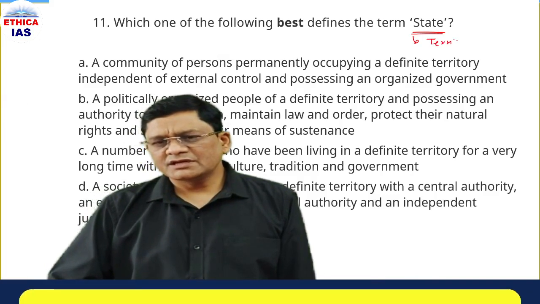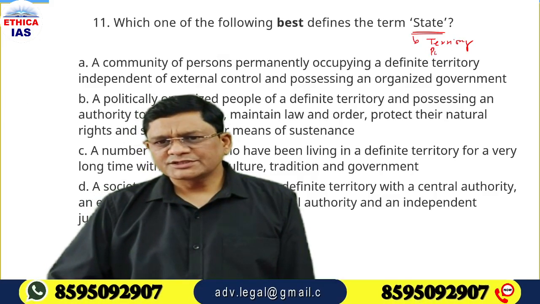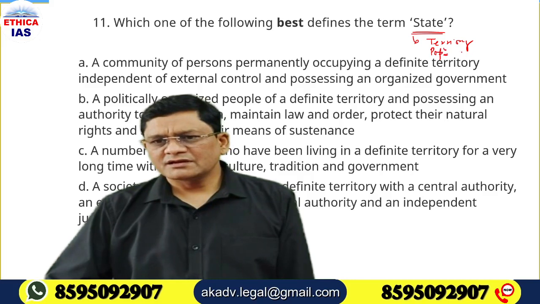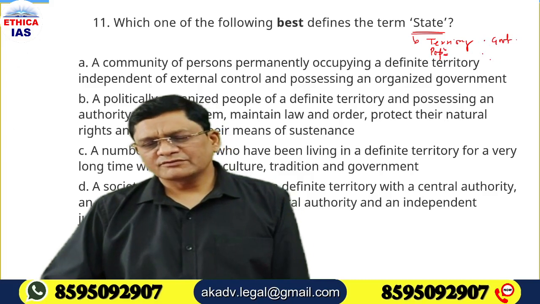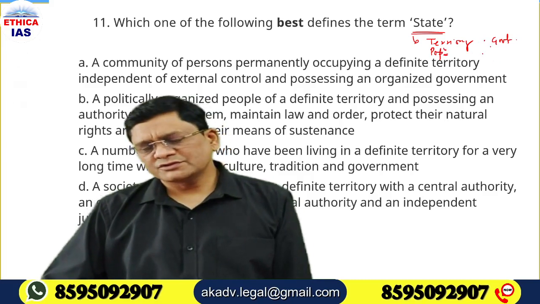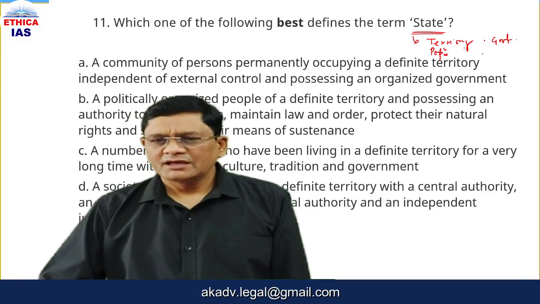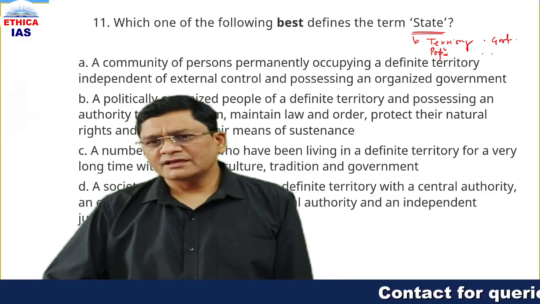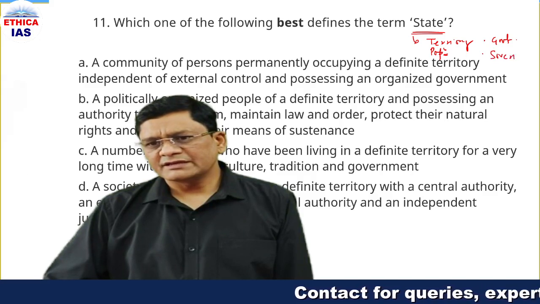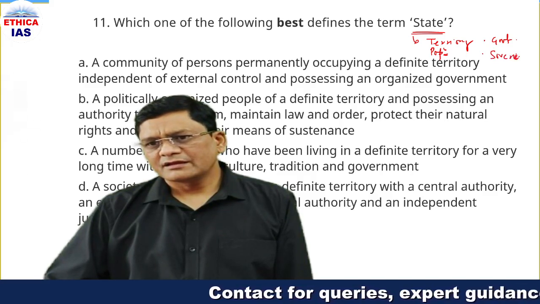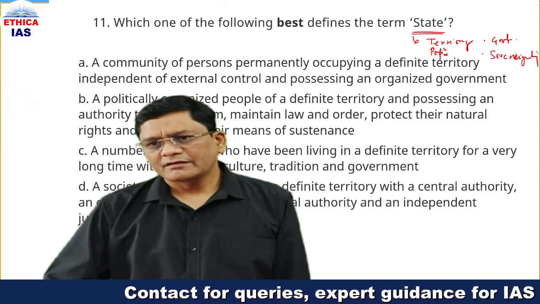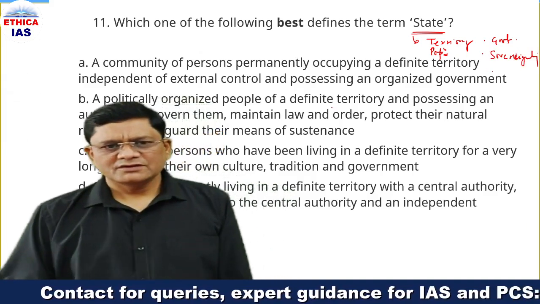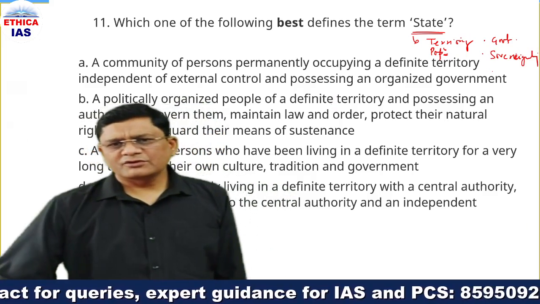Territory should be there, population, that is people must be there, government, also there should be a government for the fulfillment of goals of people and for the resolution of disputes of people, and also government must enjoy sovereignty.